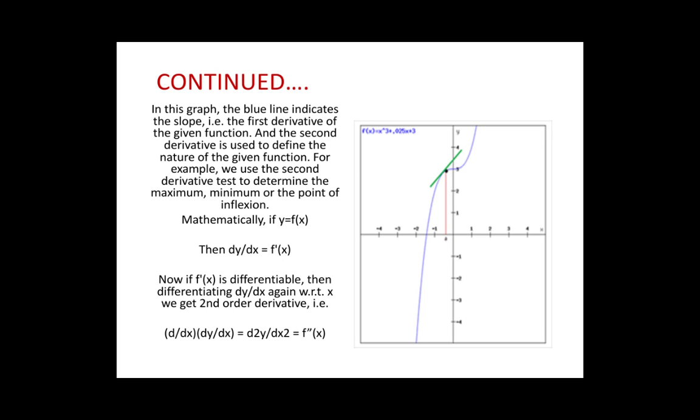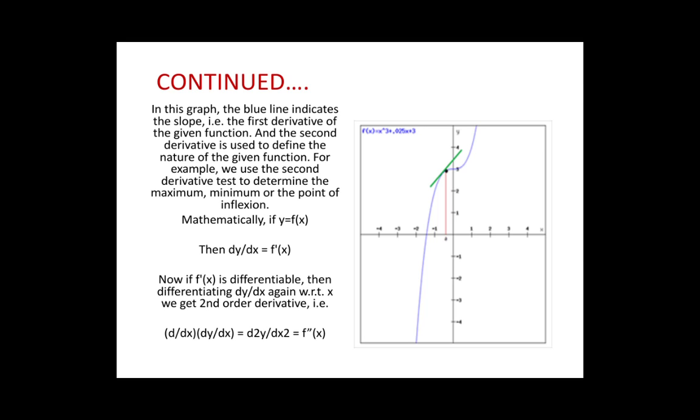In this graph, the blue line indicates the slope, that means the first derivative of the given function, and the second derivative is used to define the nature of the given function. For example, we use the second derivative test to determine the maximum, minimum, or the point of inflection.